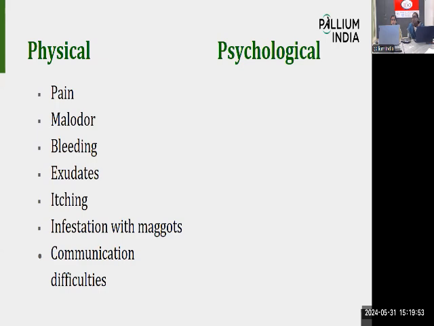And infestation with maggots, we already discussed. When house flies touch the wound, they may lay eggs, and because of that the patients will develop maggots. And communication difficulties. If they have communication difficulties, especially with head and neck cancers, they are not able to communicate properly.